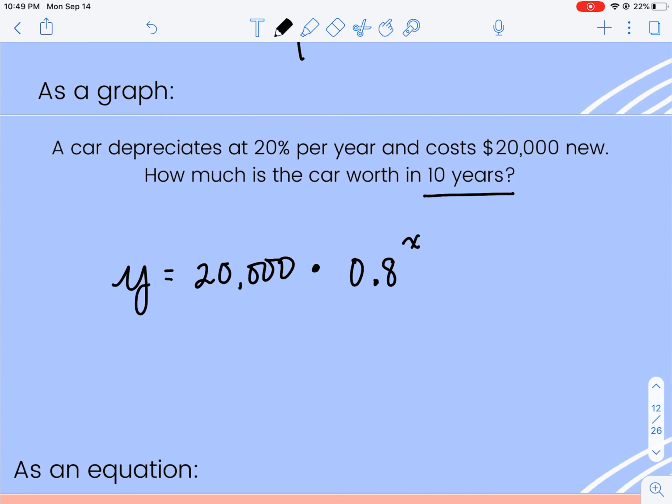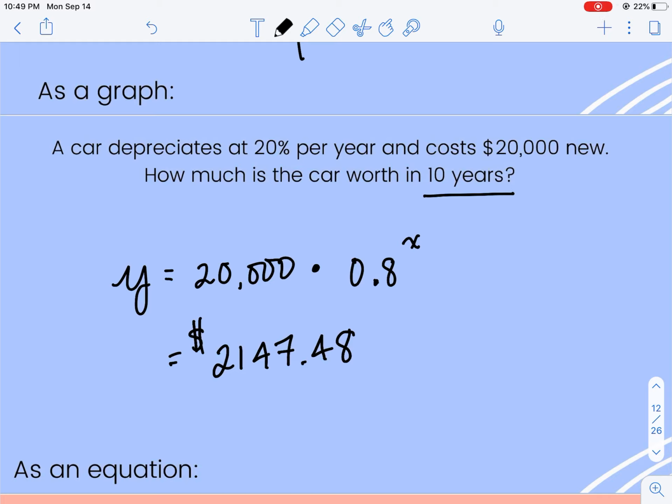In 10 years, it will be worth $2,147.48.